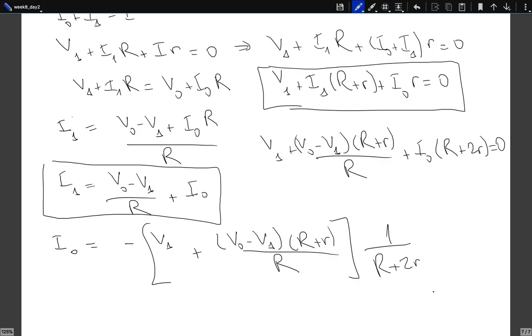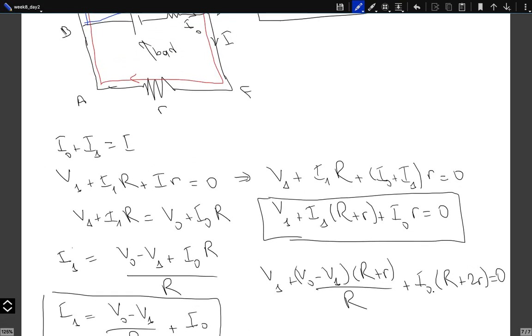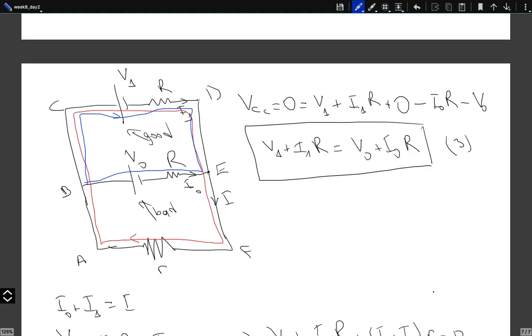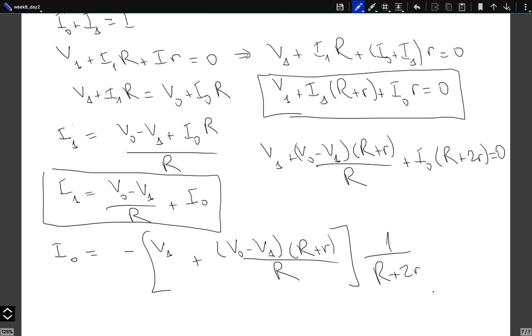Well, let's see, V0 and V1. You see, V0 is smaller than V1. So V0 minus V1, this one is negative. Whether I0 will be positive or negative will depend.